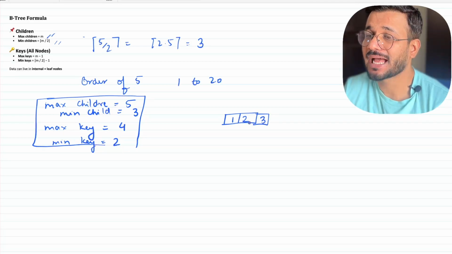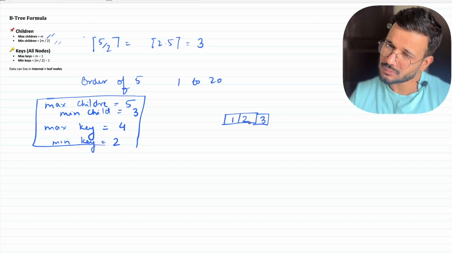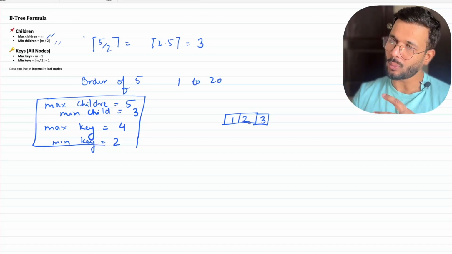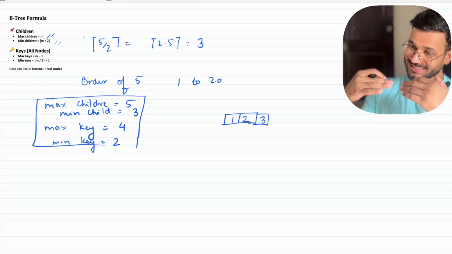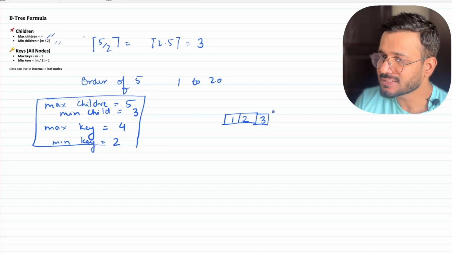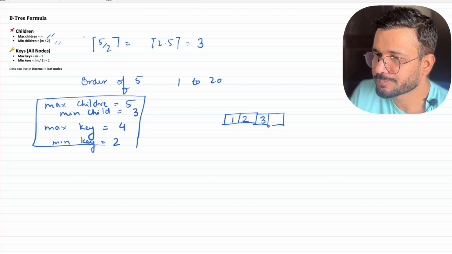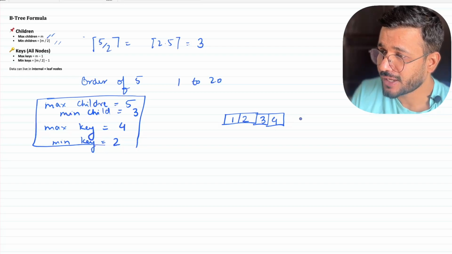Because the max key size is 4, we can keep inserting. And one thing to note is the insertion order in B tree is bottom up. So we will insert from the bottom and then move upwards. Next, we will insert value 4. After that, we will insert value 5.